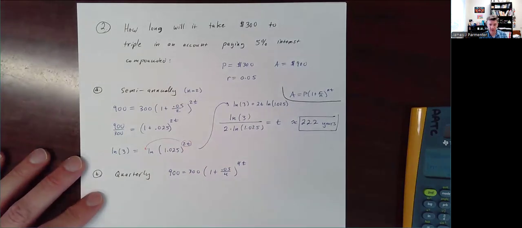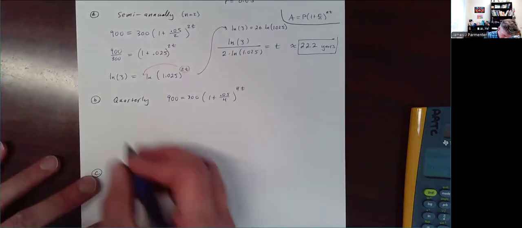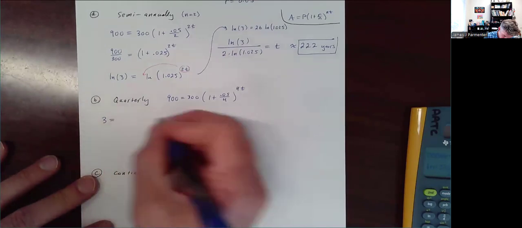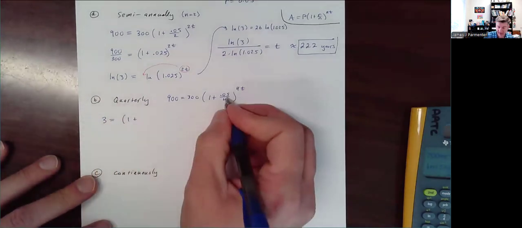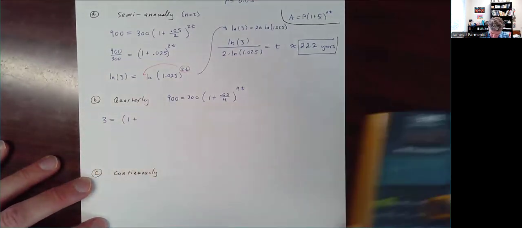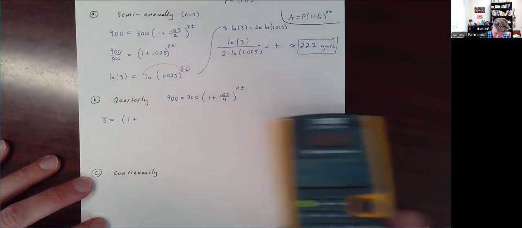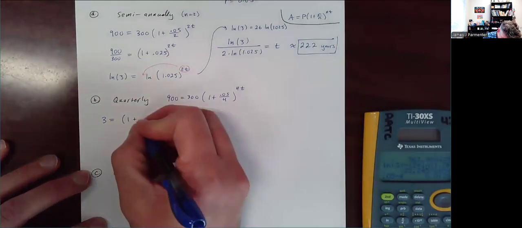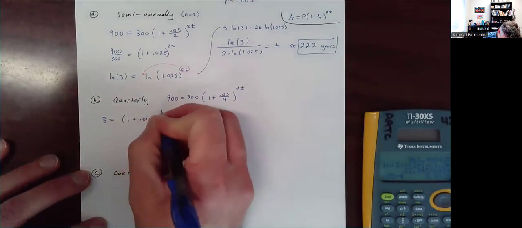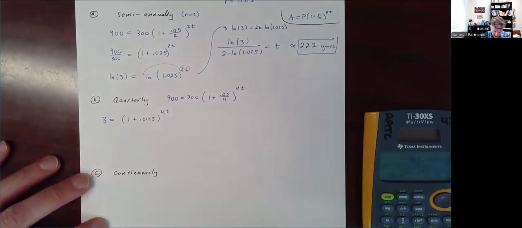But then the first step is to divide both sides by 300 and get 3 on the left equal to 1 plus 0.05 divided by 4, which I think is 0.0125. So I have 1.0125 to the 4t power. Take the natural log of both sides.